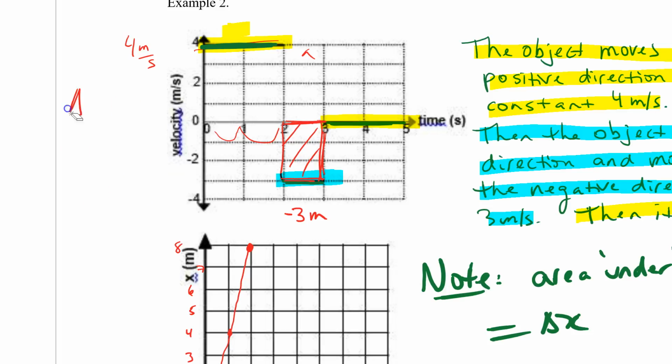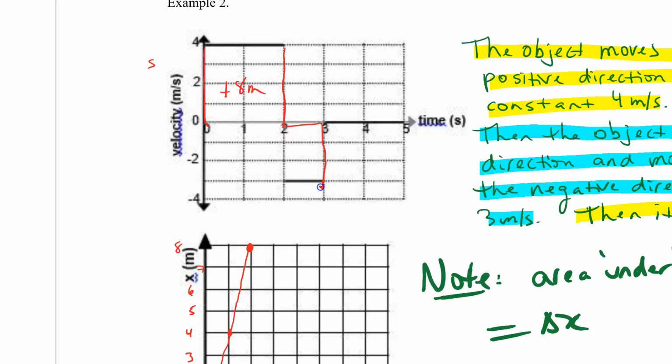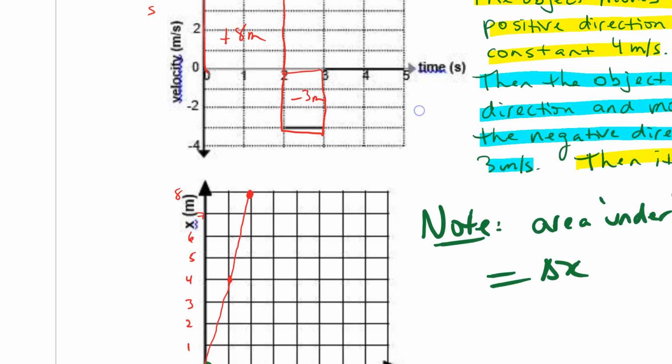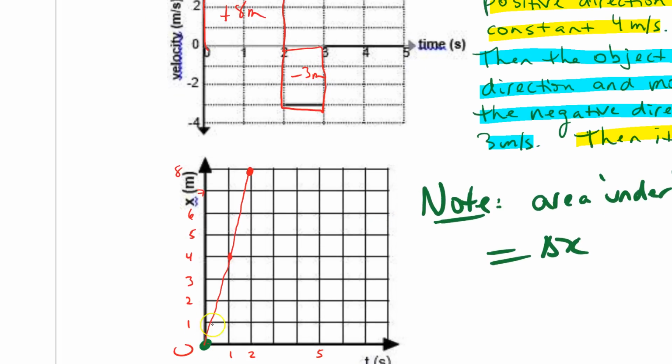So here, maybe I'll just try to neaten this up a little bit. This area here was plus 8 meters. This area here is minus 3 meters.